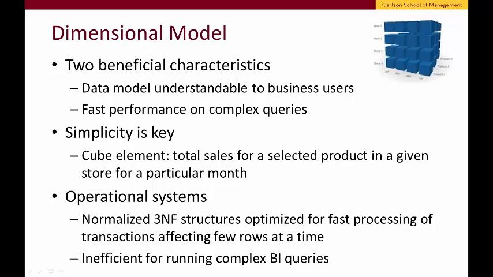So the bottom right and front cube piece represents the total April sales for product number 3, I think that's what this reads, and in store number 4. This makes it very easy for an average business user to understand and relate to.